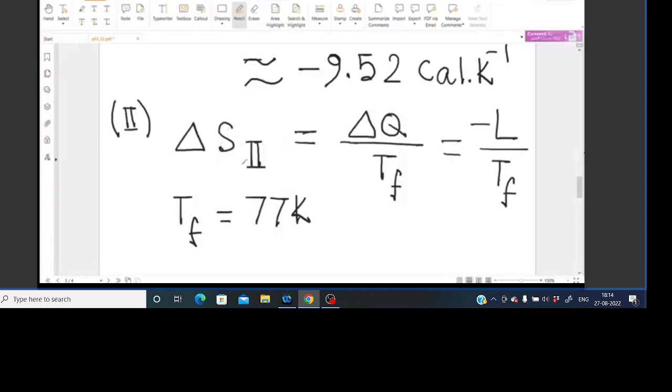So entropy decreases in this process, where L is given by 1293.6 calorie mole inverse.